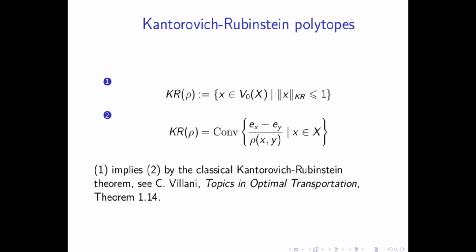The Kantorovich-Rubinstein polytope, as well as the associated Banach space with the Kantorovich-Rubinstein norm, is a complete invariant of the metric space. It completely describes the metric space.